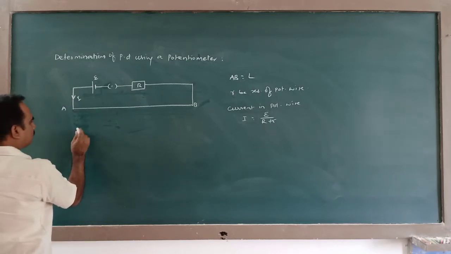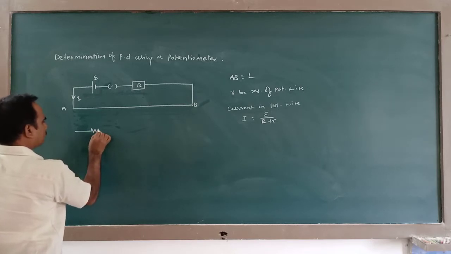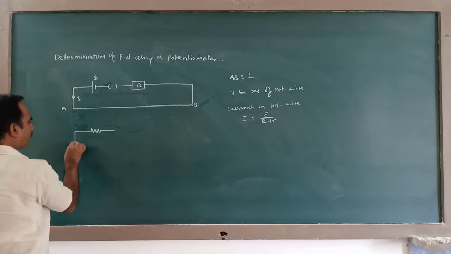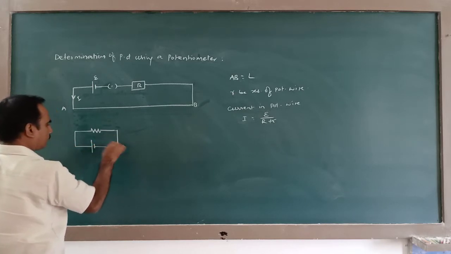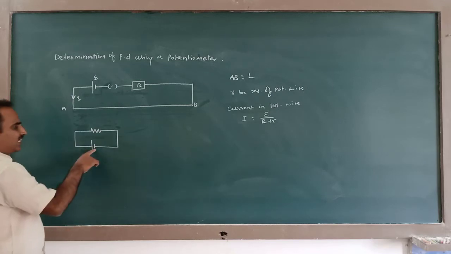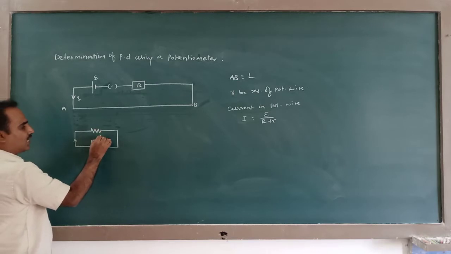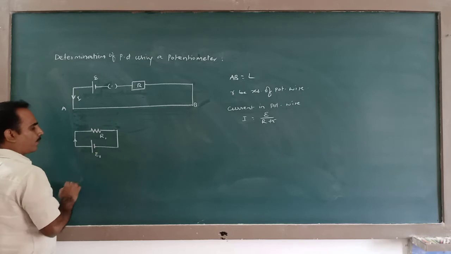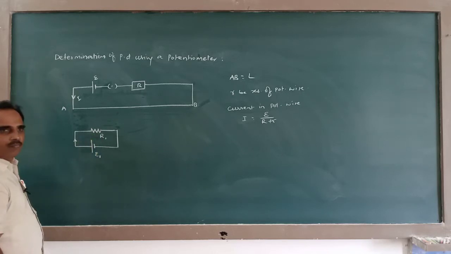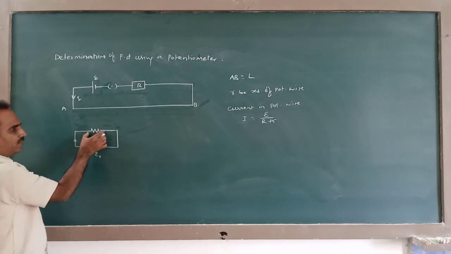Here there is a cell which drives current through this resistance, say R1. This is E1 and this is R1.